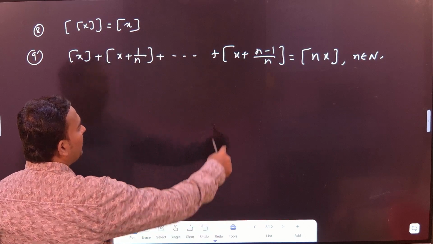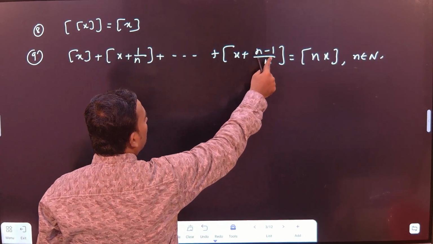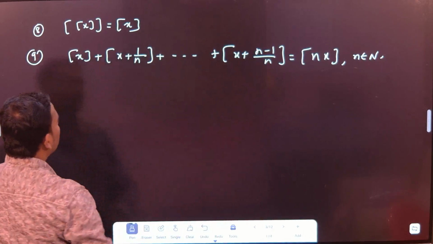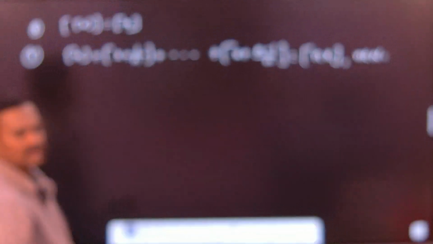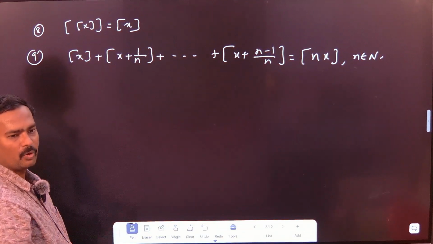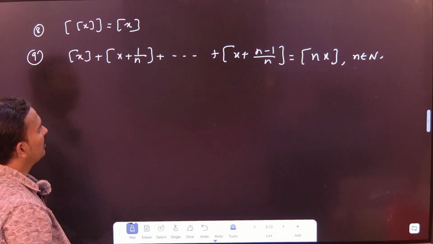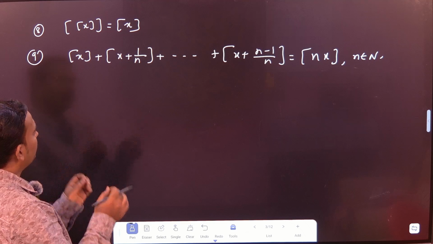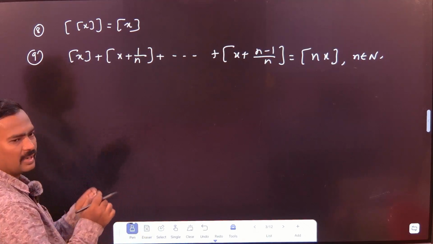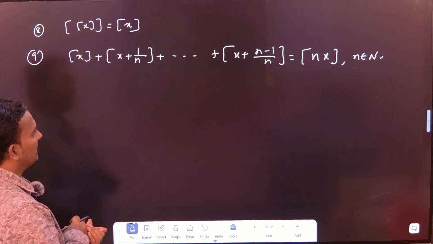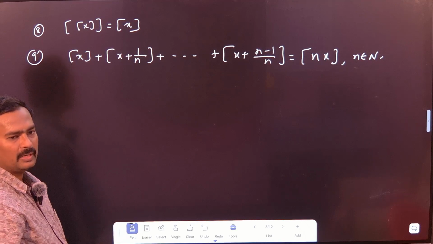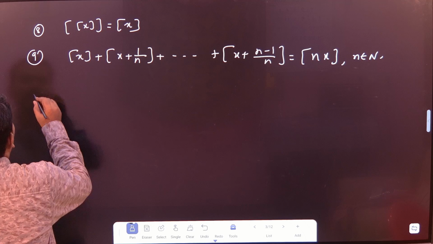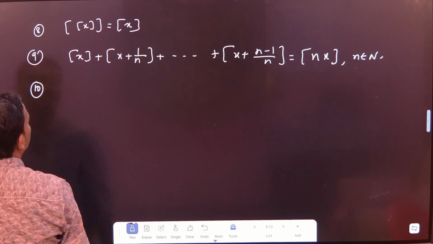If n is equal to 2, you put 2 minus 1, that is 1 by n, x plus 1 by n, the second term you will get, right? I hope everyone understands. This is the set of the series, and it is always the greatest integer function of n times x, where n belongs to natural numbers.